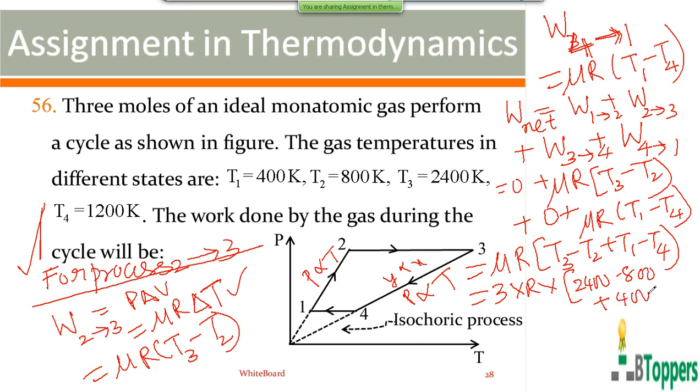T1 is 400. T4 is 1200. And nu is 3 moles. That you can simplify it further. Those who want to copy the working, please take a pause and finish writing the working.